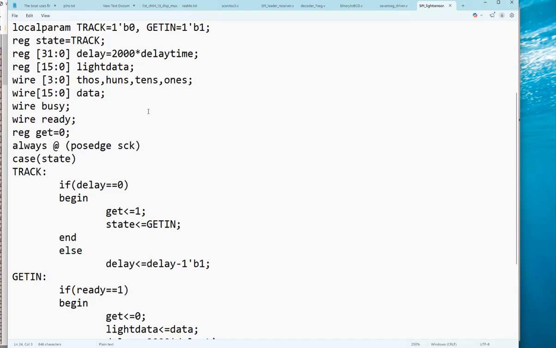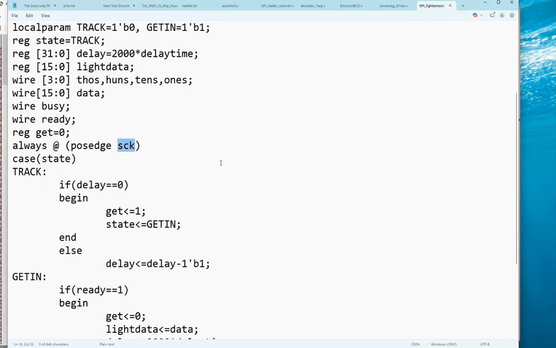We have a 2 megahertz clock, which means it's able to count 2 million times a second, and it only does 1 SPI communication every 1 million counts.